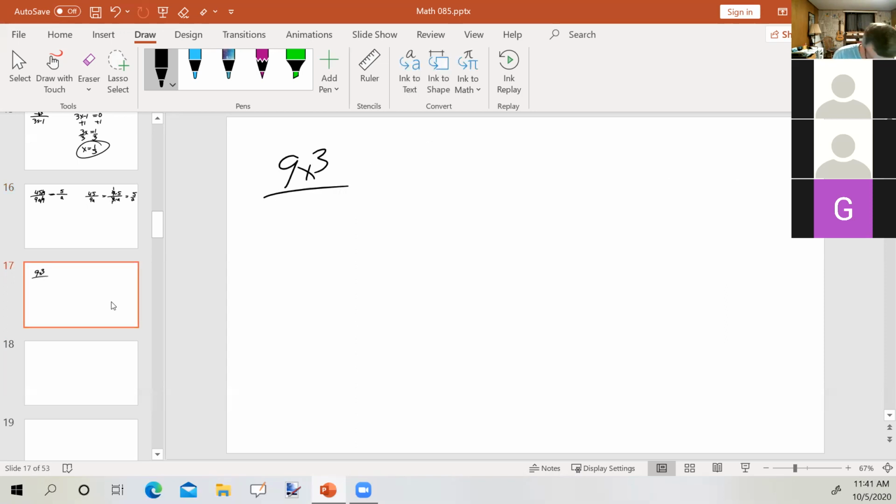9x cubed over 6x. Can we simplify that? Yes, with a 3x. Oh, so take a 3x out of both? Mm-hmm. All right. And again, let's just do it this way.